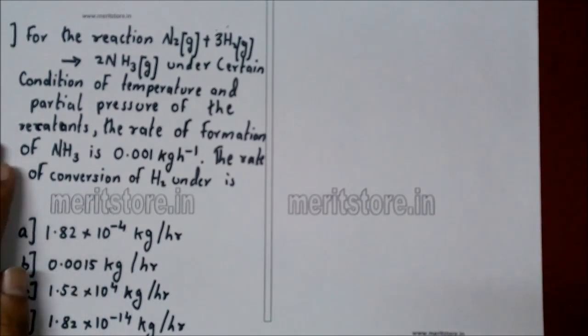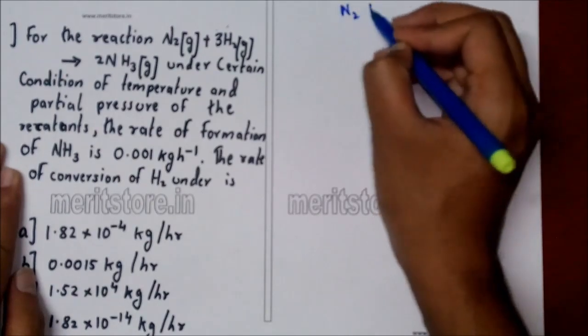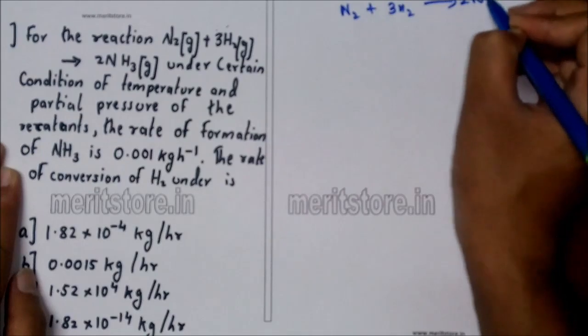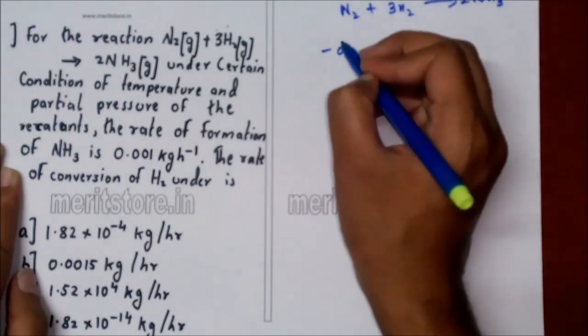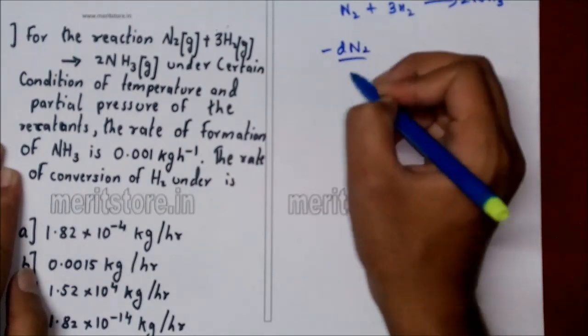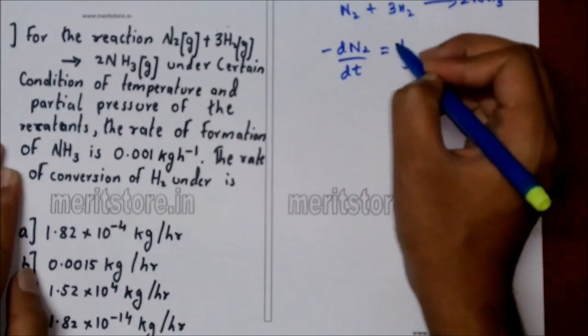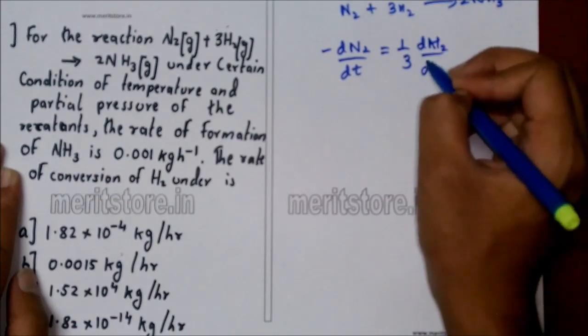So the given reaction will be N2 plus 3 moles of hydrogen will give 2 moles of ammonia. So we can write the rate of the reaction will be minus dN2 upon dt, which is equal to 1 upon 3 minus dH2 upon dt.